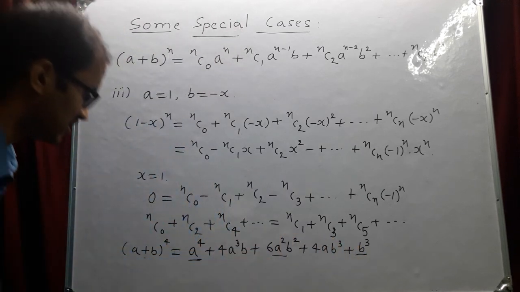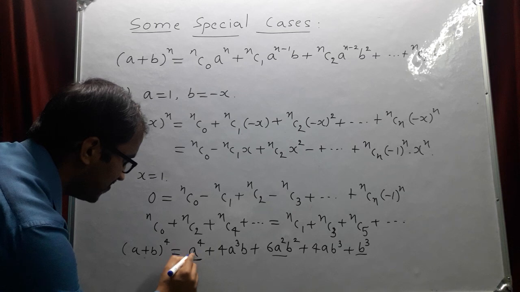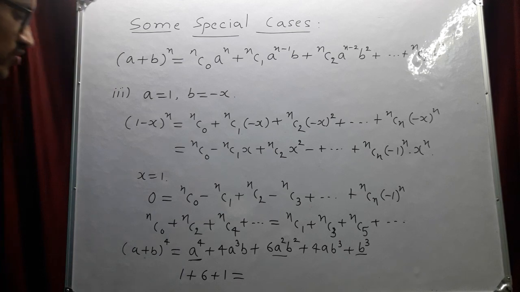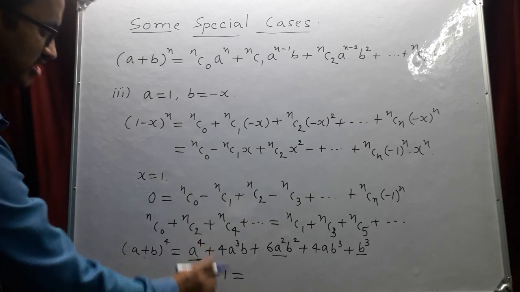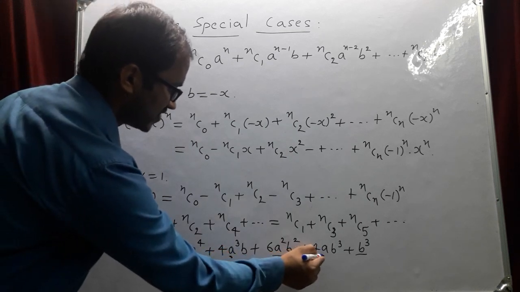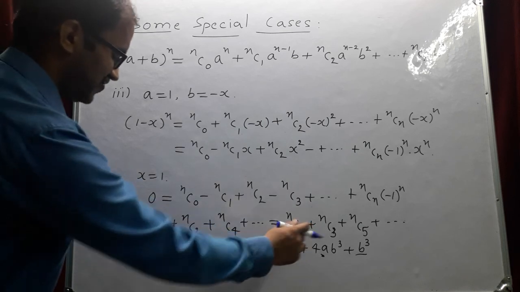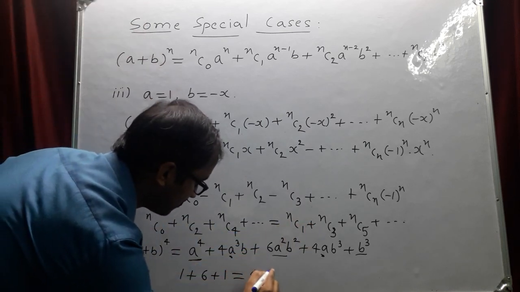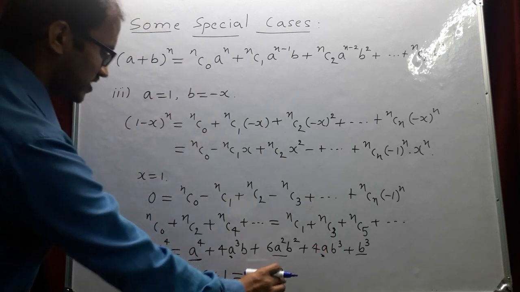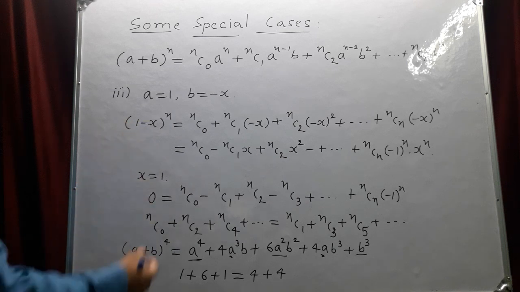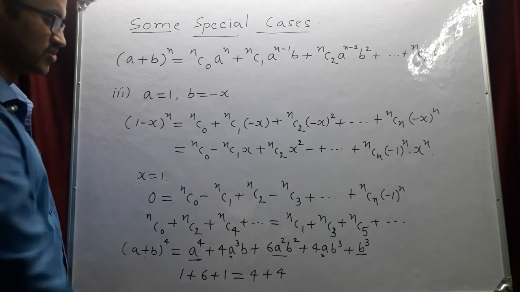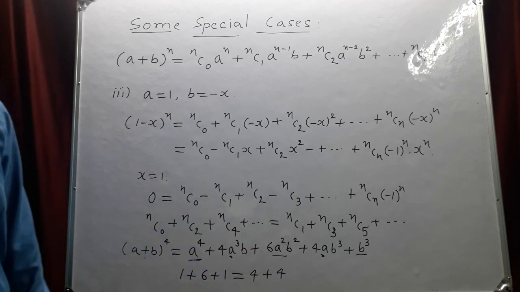If you add these coefficients, we get 1 plus 6 plus 1. So the sum of the coefficients at odd terms is equal to, see here, these are the second term and the fourth term. If you consider the coefficients, this is 4, here also the coefficient is 4. So 8 is equal to 8. So what can we conclude? For any index n, the sum of the coefficients of odd terms is equal to the sum of the coefficients of even terms.